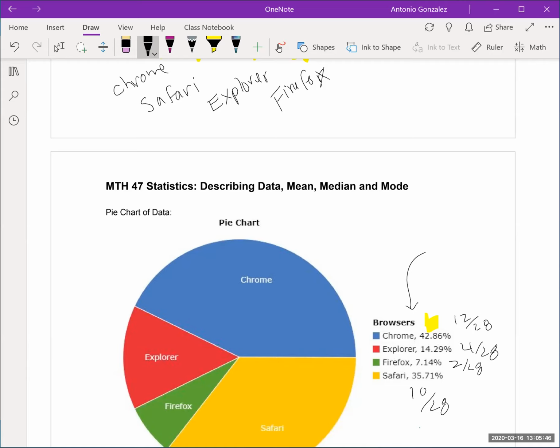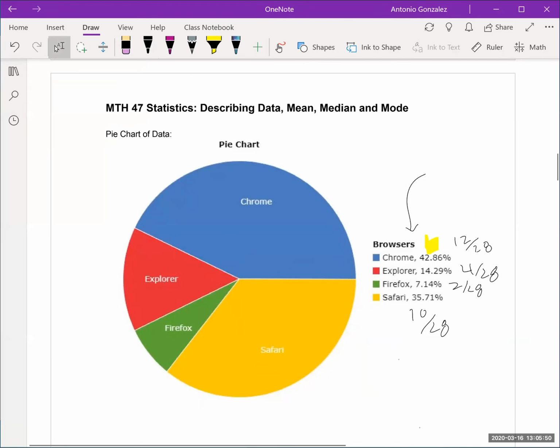So that's where those percentages come from, right? And then the Chrome one, at about 40%, would get shaded in, right?